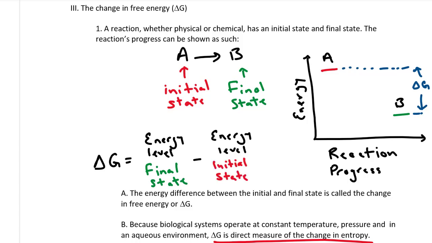Now you can see that in this case, for the picture that we've drawn, B is a smaller number than A because B is at a lower level. So if I subtract a bigger number from a smaller number, I'm going to get a negative delta G. So this delta G here is going to be less than 0.